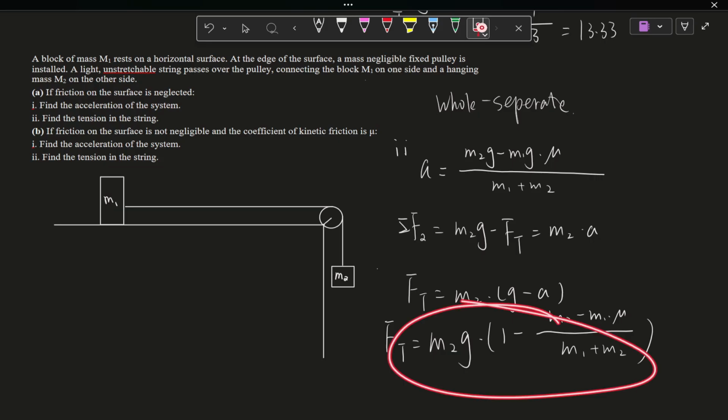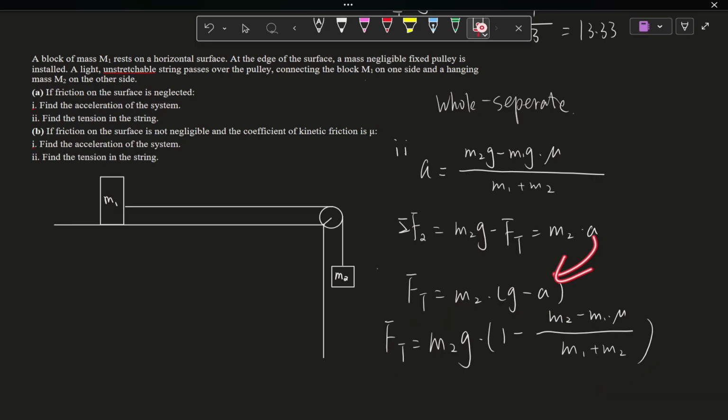This is a simplified version. You can easily get that after you simplify the complex version when you plug a into the formula. So this is your answer. It's not that hard, right? It's very easy. You got this.